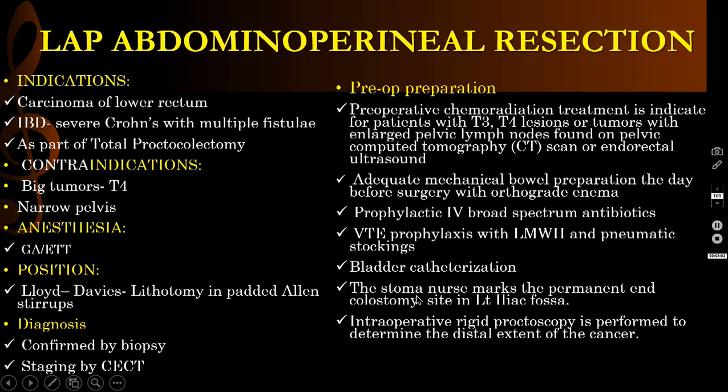The stoma nurse marks the permanent colostomy site in the left iliac fossa with the patient in sitting posture. They have to mark it preoperatively. Intraoperatively, rigid proctoscopy should be performed to determine the distal end of the cancer.